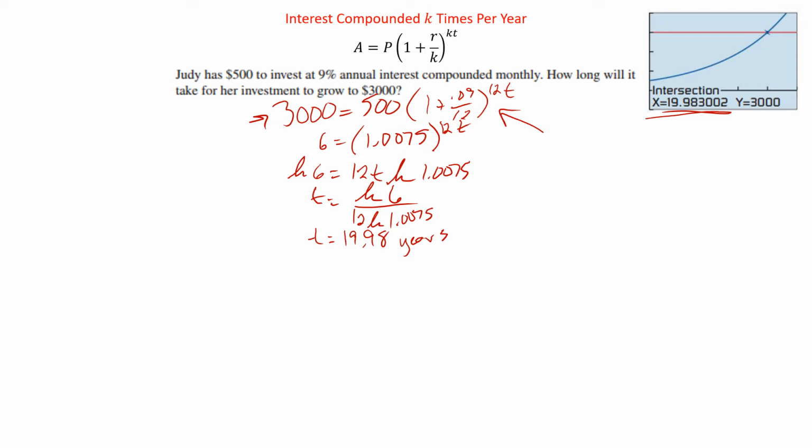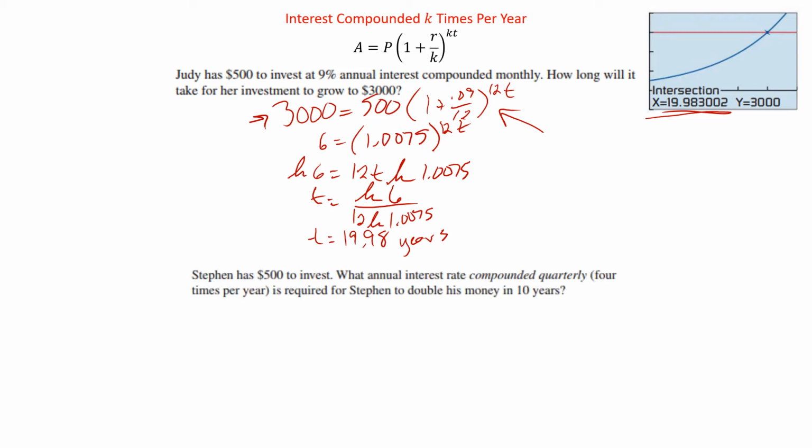So we found the amount after a time. We found the time it would take to get a certain amount. What about, now we're looking at Stephen. He also has $500 to invest. What annual interest rate compounded quarterly, so 4 times a year, is required for him to double his money in 10 years?